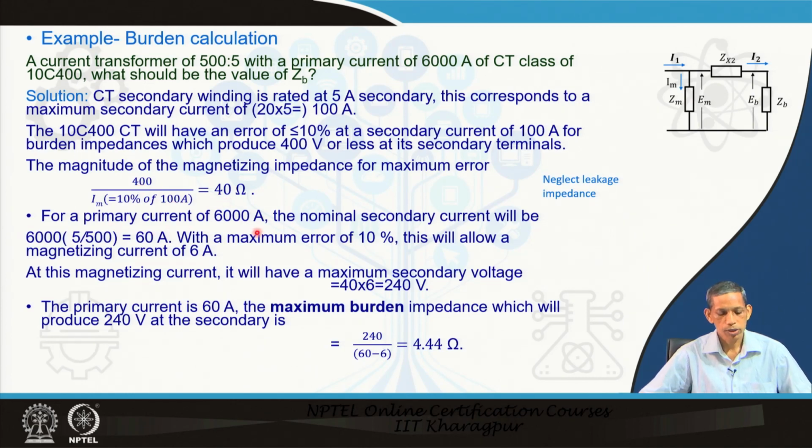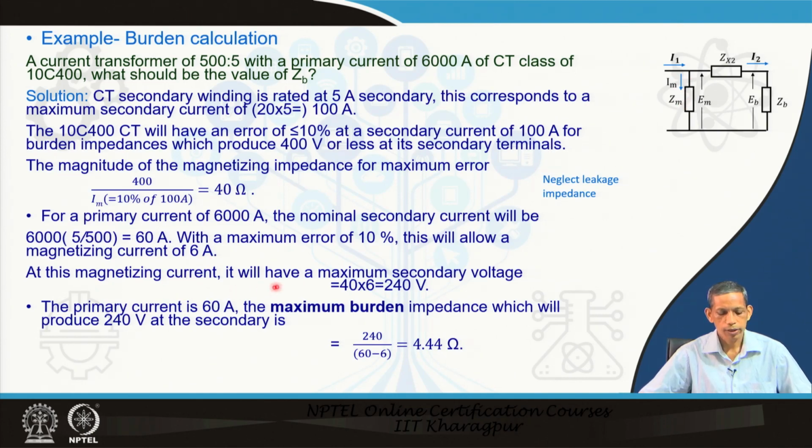For a primary current of 6000 ampere, the nominal secondary current will be 6000 divided by the turns ratio of the CT, that becomes 60 ampere. 60 ampere is the input current. So, 10% maximum current that will flow corresponds to 6 ampere.